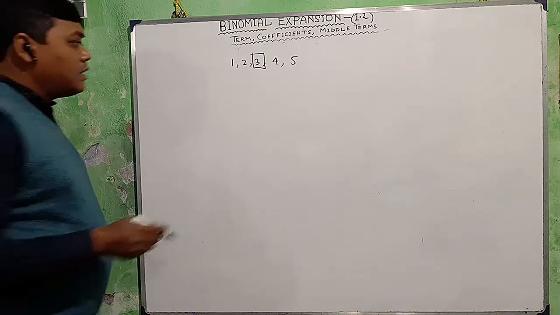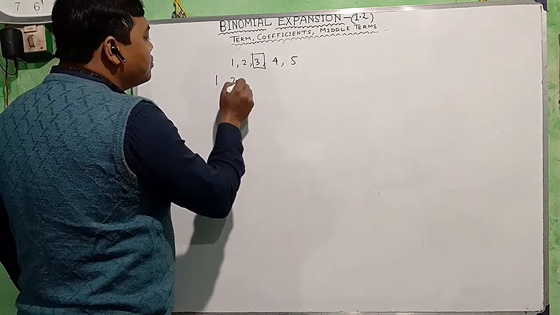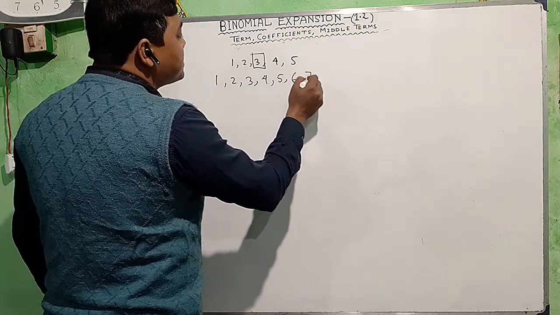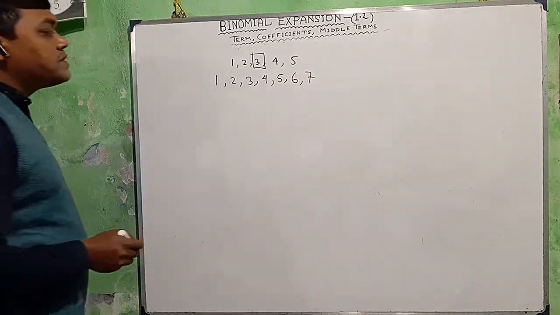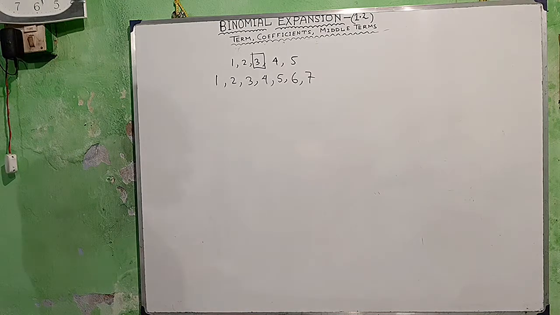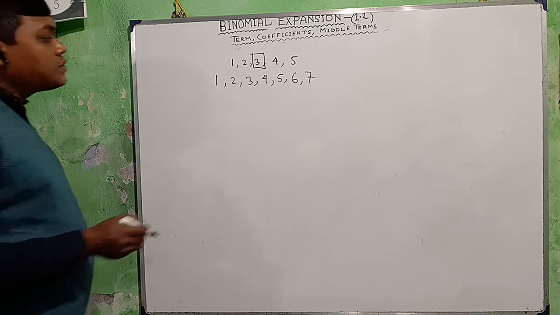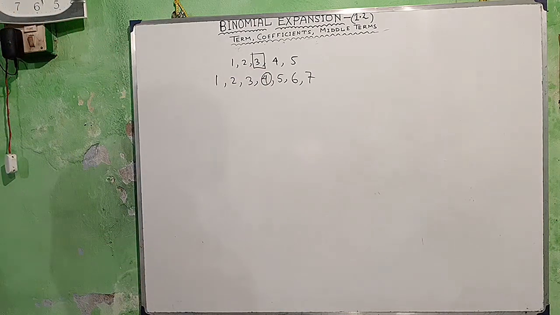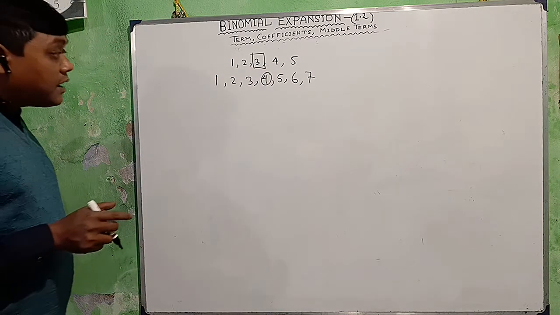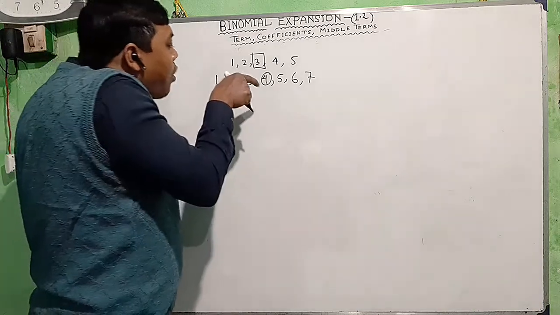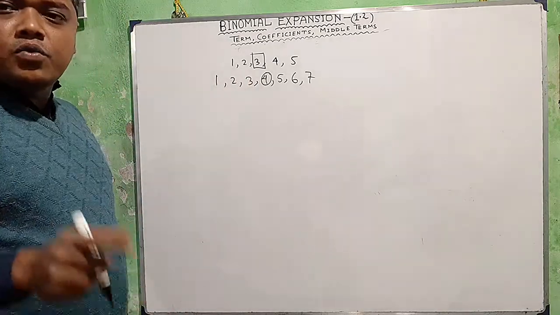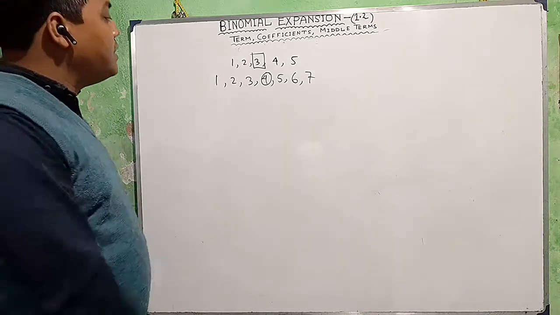Similarly, 1, 2, 3, 4, 5, 6, 7. How many terms are present here? This is also 7 terms, so the middle term is 4. That means if the number of terms is odd, then we always get only one middle term.